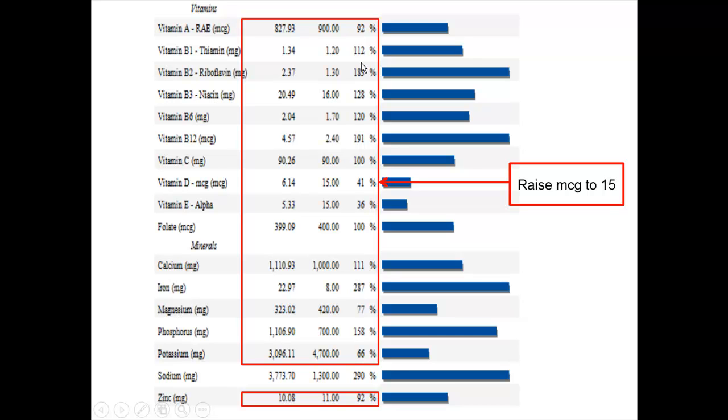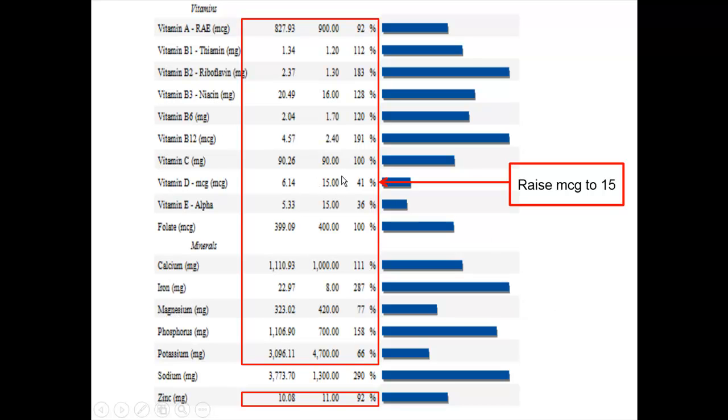What we're looking for is anything below 75%. So you notice my vitamin D and E is below 75%. It was only 41%. Well, what do I need to get it to be 100? Well, 15.